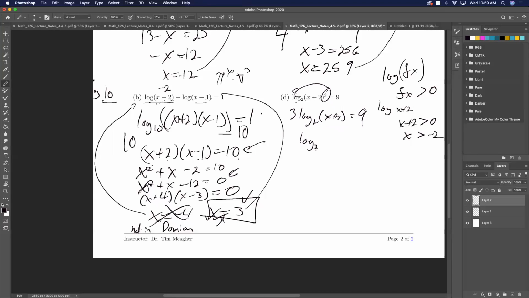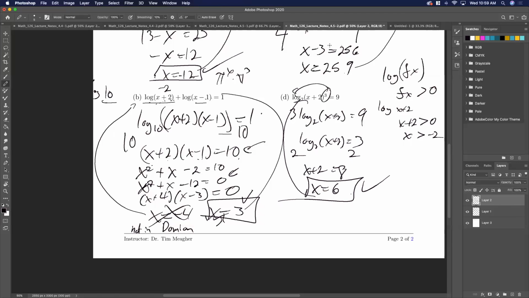So I have log base 2 of x plus 2 equal to 3. Then I exponentiate both sides. I get x plus 2 is equal to 2 to the third, which is 8. So x equals 6. There we go. And is this in the domain? Yeah, it's in the domain. So we're good. Okay. So this one's good, and this one's good.